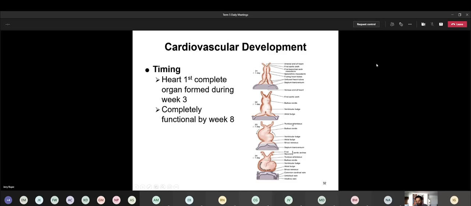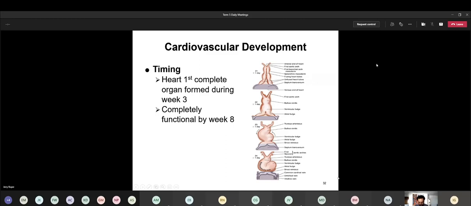Now this right here, by day 24-ish, this is the beginnings of the truncus arteriosus. This is where we're eventually going to see those distinguishing vessels, like your pulmonary veins, your pulmonary arteries, and so forth.